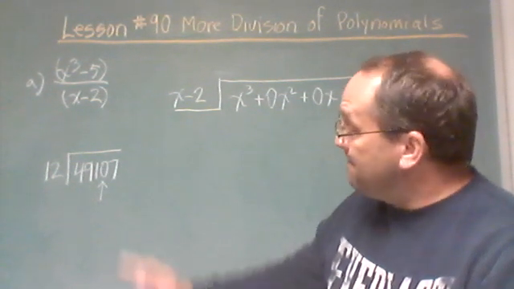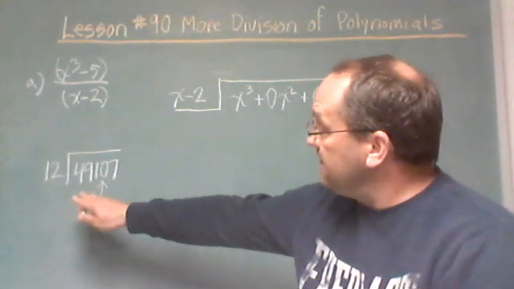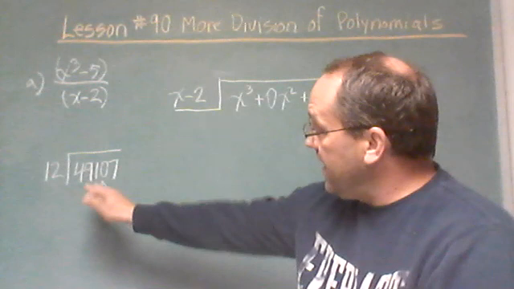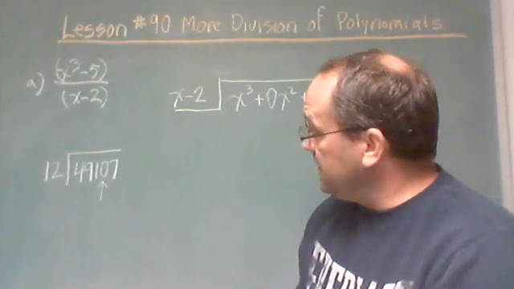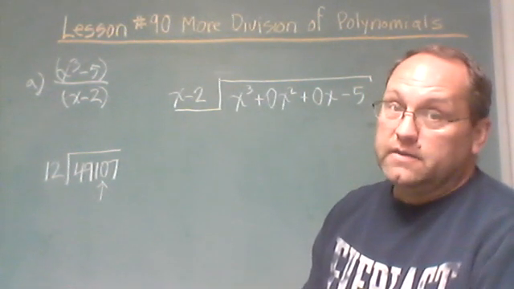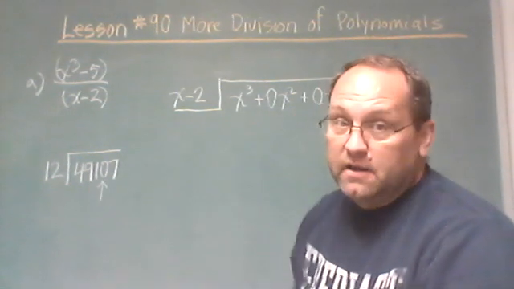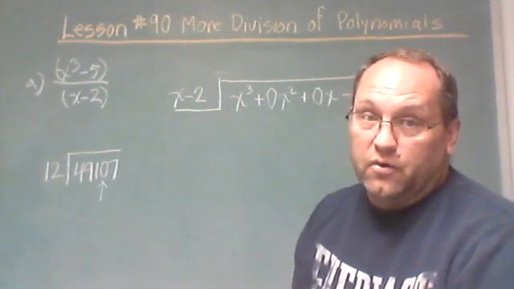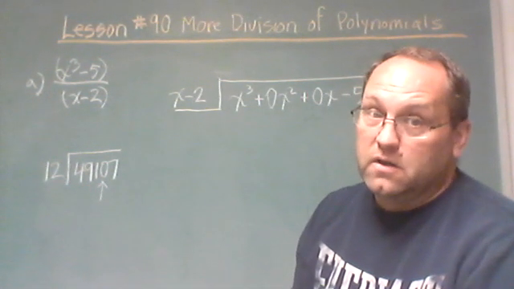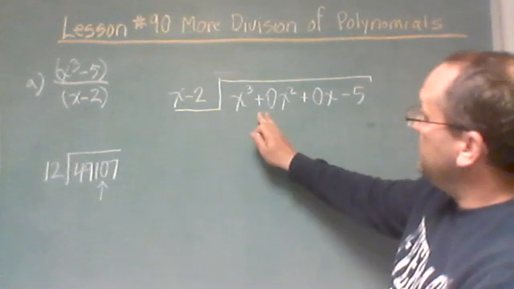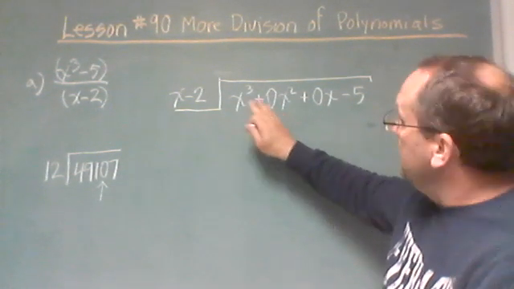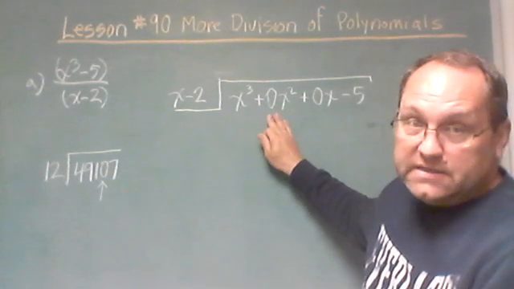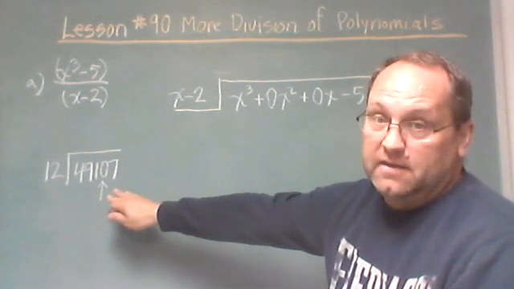But we still account for that in the placement in the order of the numbers, because if we left that 0 out, we would have 4,917. That would be a totally different number, but we must account for that value where the space lies in the tens unit. We do so with a 0, even though the tens value has no value. And it's the same thing here. We must account for each descending order of the variable, even though it doesn't have a value.